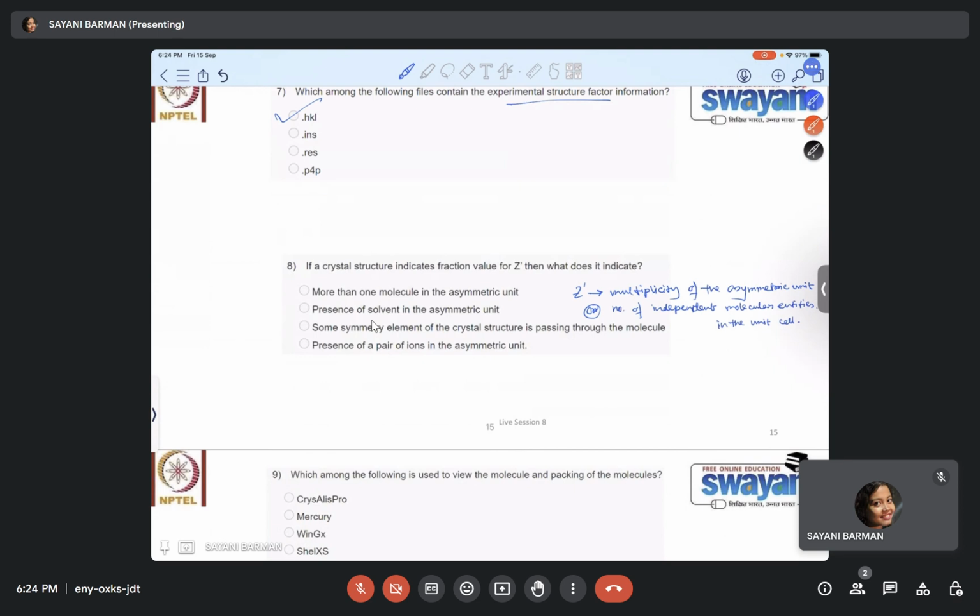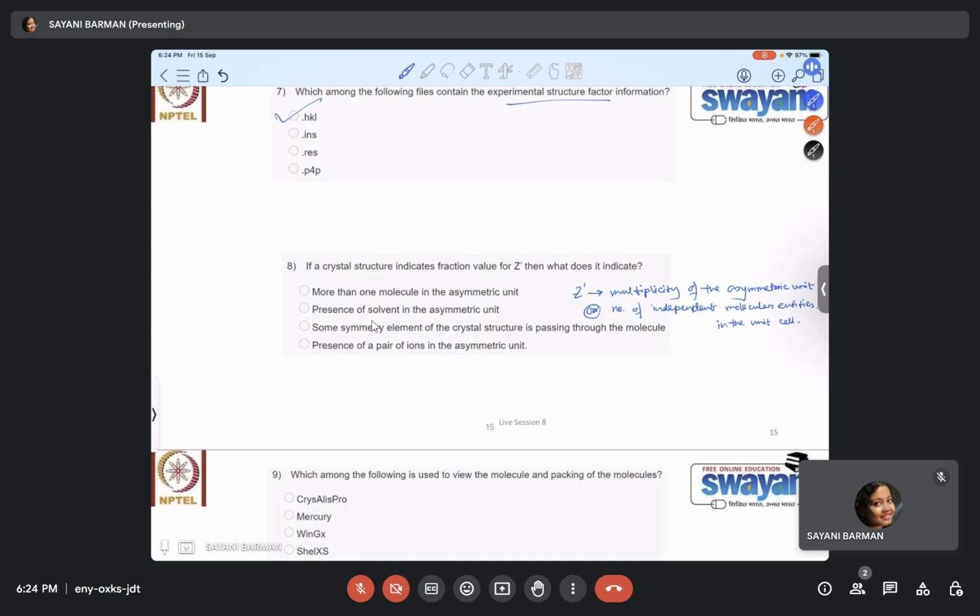So what if Z prime equals 1? It implies that there is only one unique atom or molecular entity in the asymmetric unit of the crystal. Or you can say the contents of the unit cell are entirely described by a single molecular entity, right?